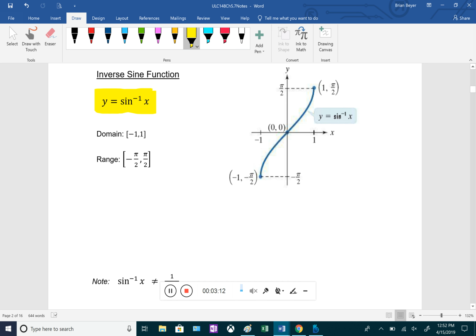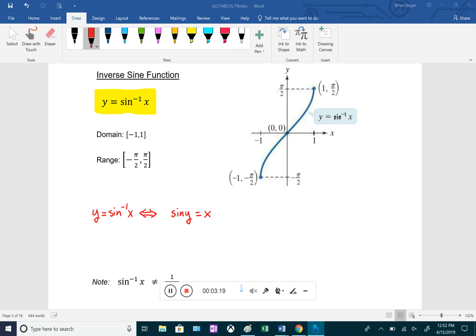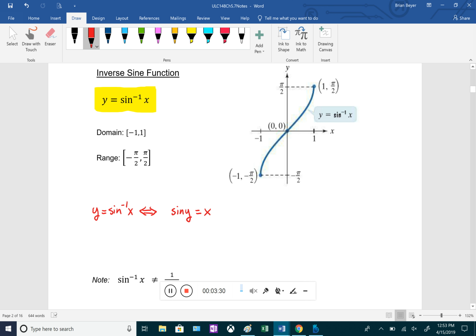For the definition, the relation between sine inverse and sine: if we have y equals sine inverse of x, that means sine of y equals x. They're inverse functions, so essentially they cancel each other out.